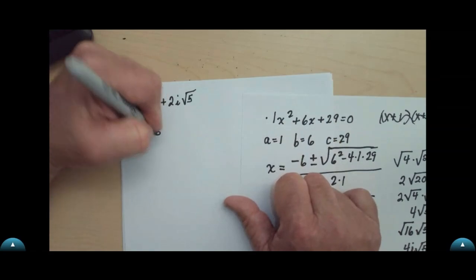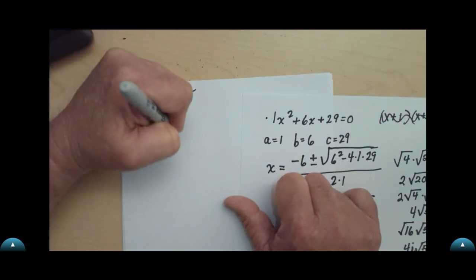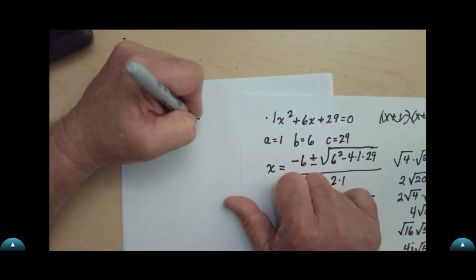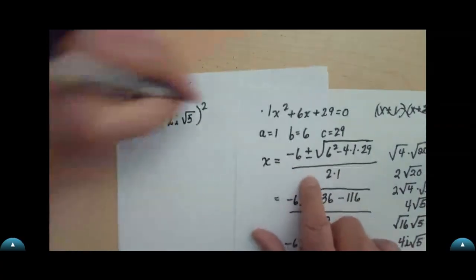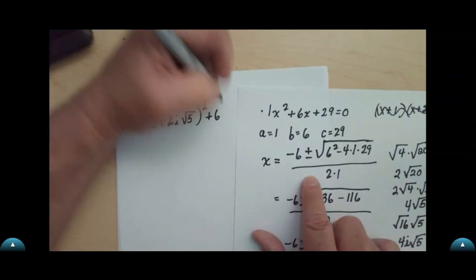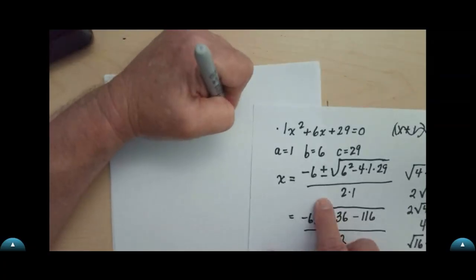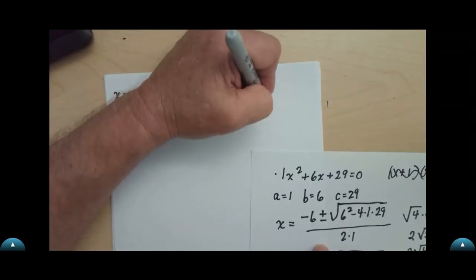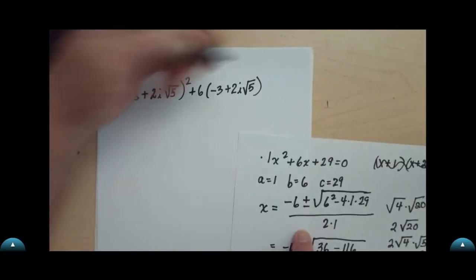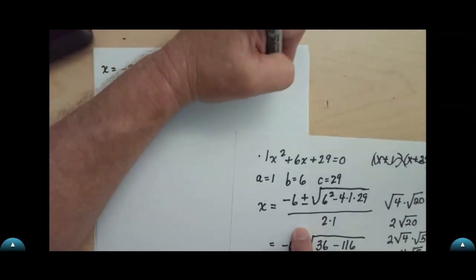So negative 3 plus 2i times the square root of 5, all squared. That's the x squared part, plus 6 times negative 3 plus 2i times the square root of 5. That's the plus 6x part, plus 29.